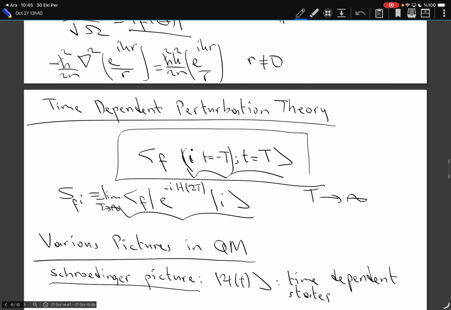This is how we usually define the S matrix. You have some initial state, some final state. Your initial state is at time minus t, the final state is at time plus t. So you evolve it by 2t and eventually take the limit as t goes to infinity. That is the problem we are trying to address. How can we calculate this matrix element?